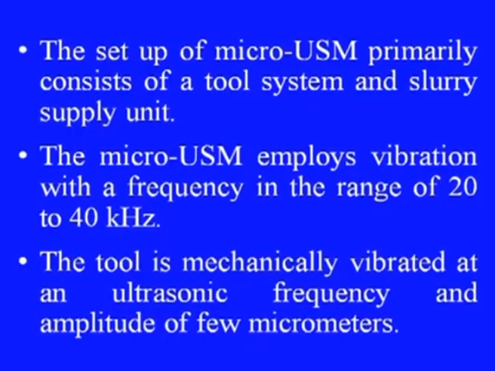The setup of micro USM primarily consists of a tool system and a slurry unit. The micro USM employs vibration with a frequency in the range of 20 to 40 kilohertz again. The tool is mechanically vibrated as in the case of normal USM at an ultrasonic frequency and amplitude of only few micrometers.